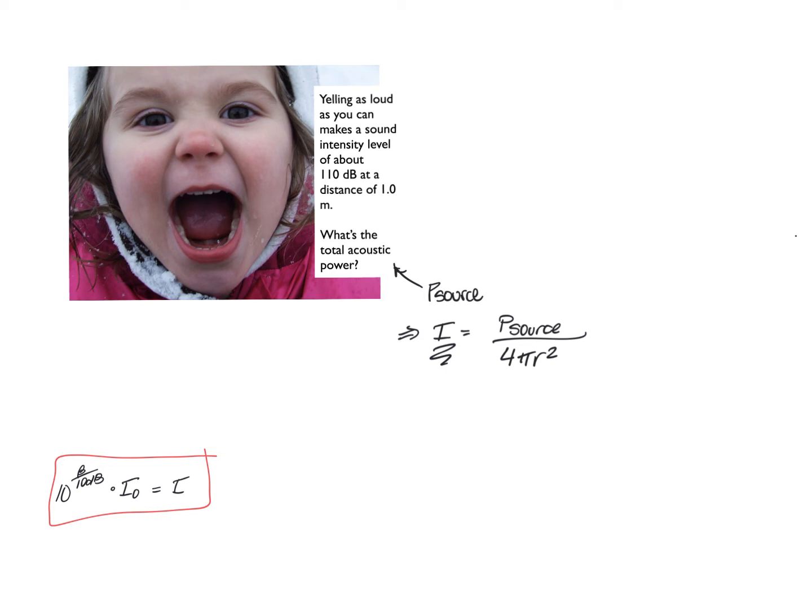If we plug our numbers into this equation, we have 10 times beta, which is 110 decibels, over 10 decibels times the original intensity, I naught, which is just the lowest intensity that we can hear, 1.0 times 10 to the negative 12th watts per meter squared. That's going to equal the intensity of the sound.